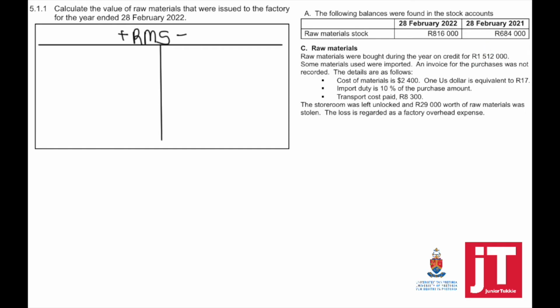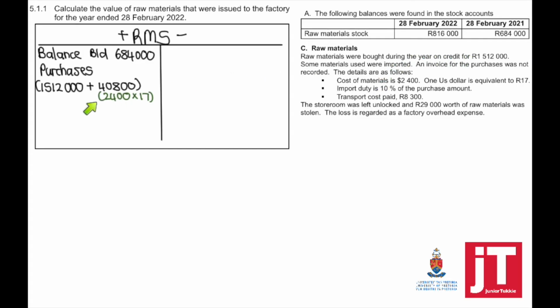The closing balance at the end of last year is my opening balance this year. They said to us, raw materials purchased during the year on credit, so that was given to us, but then some materials used are imported and the invoice for the purchases was not recorded.